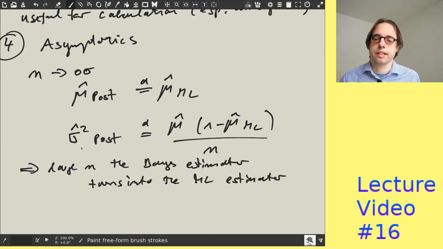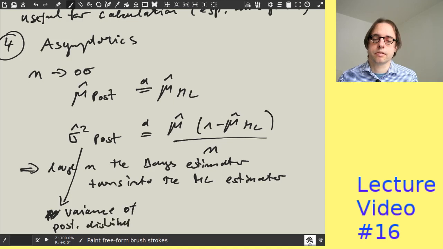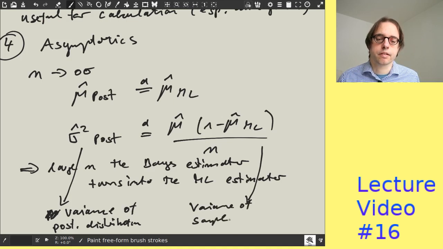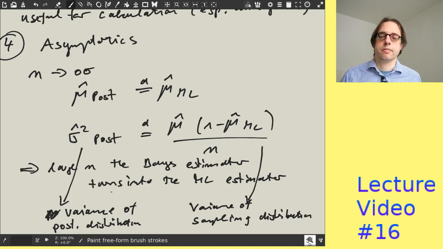And the interesting thing is something a little bit subtle, because this here is the posterior variance, or let's put it this way, the variance of the posterior distribution, and this is actually the variance of the sample distribution. So the intriguing thing is that for large n, they converge.